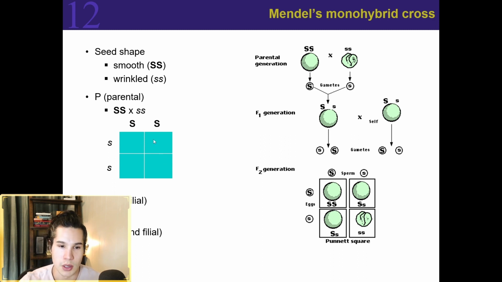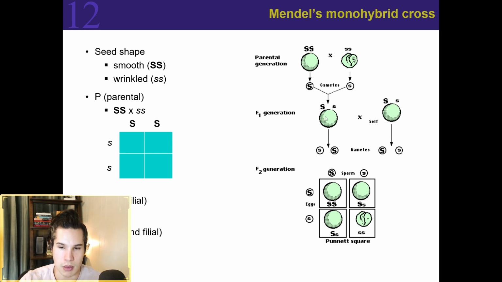So what he did was he took one of the first filial generation plants and he mated that plant with another plant of the first filial generation. So here, this is kind of showing it. You have big S, little s. These are their gametes that they're contributing, and all of your offspring are going to be big S, little s.